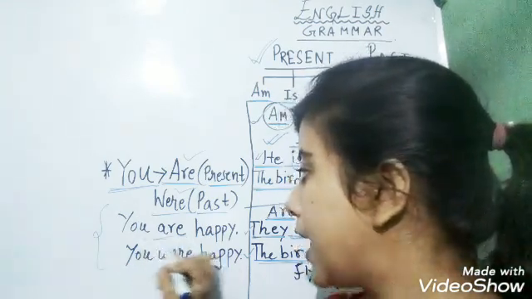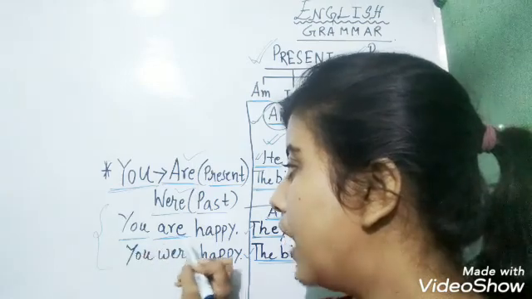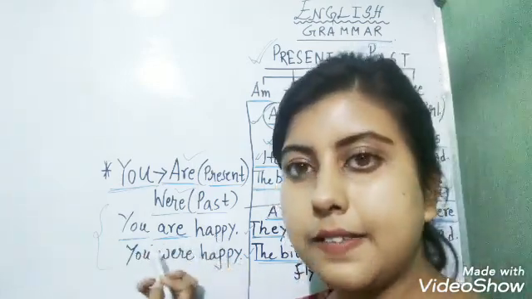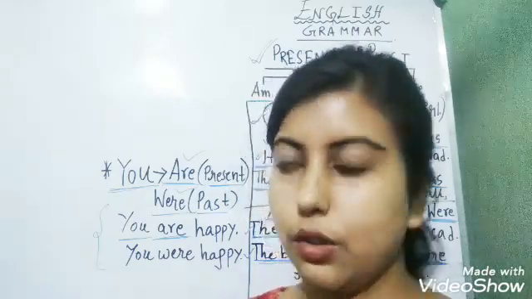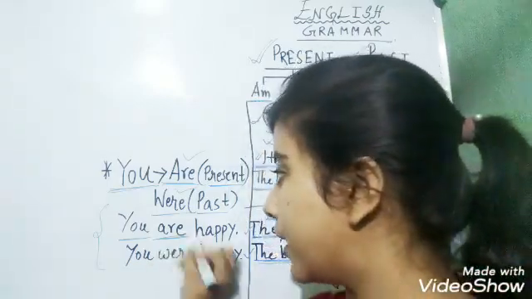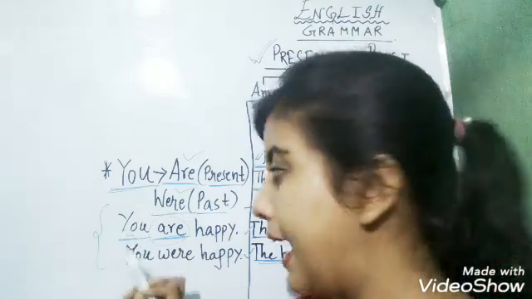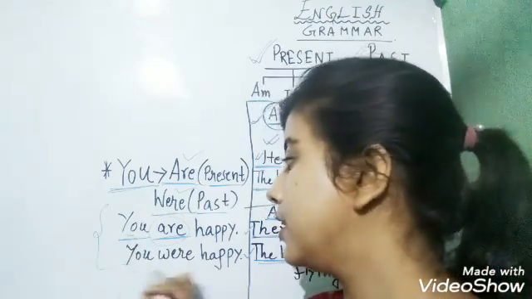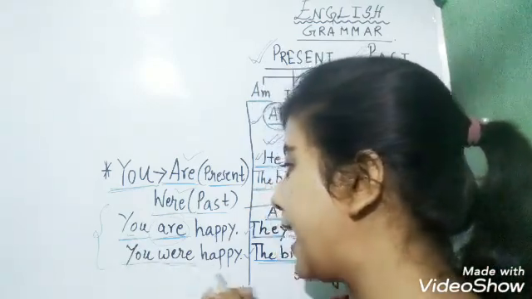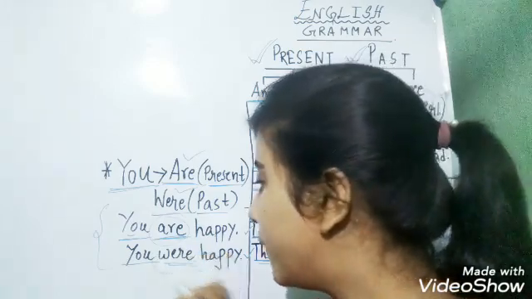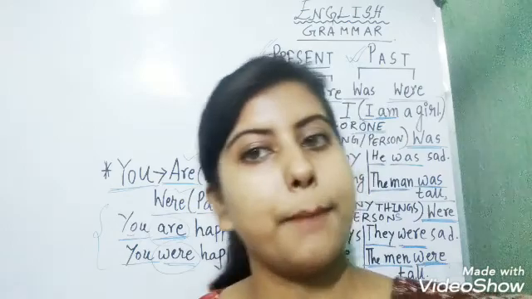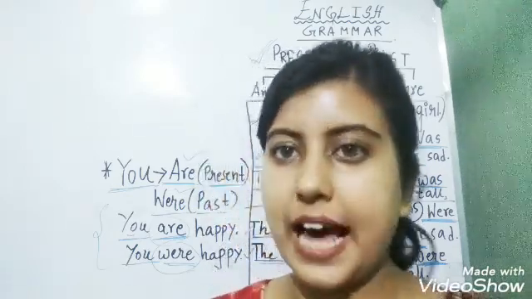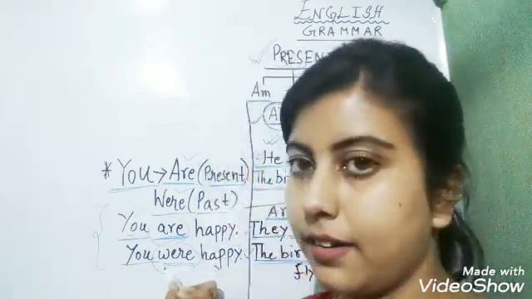You are happy. This line has been written in present tense, so we have used are for you. And here we have written, you were happy. This line is denoting past tense, so we have used were.